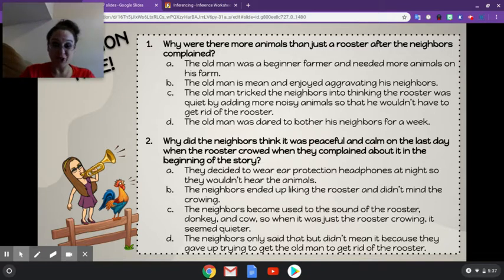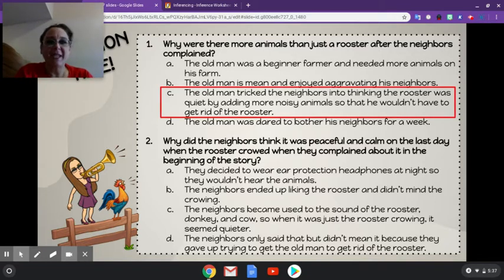And that's 5 teacher seconds. All right, so see, the old man tricked the neighbors into thinking the rooster was quiet by adding more animals so that they wouldn't have to get rid of the rooster. Yay! He was smart. Next question.